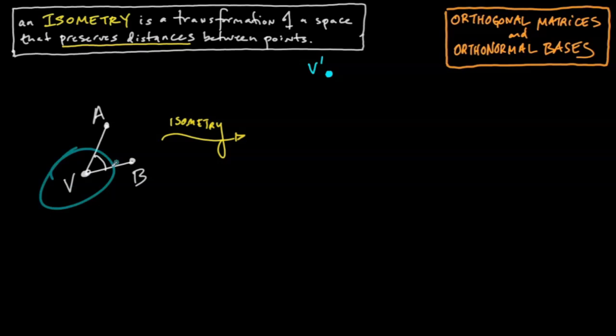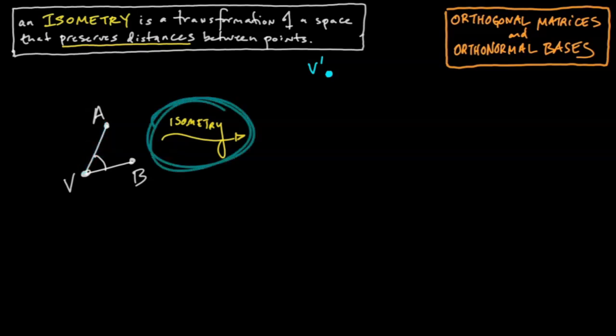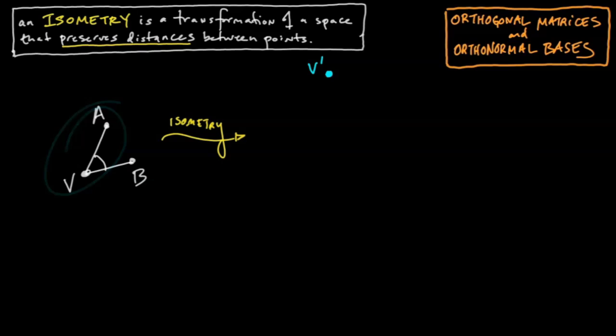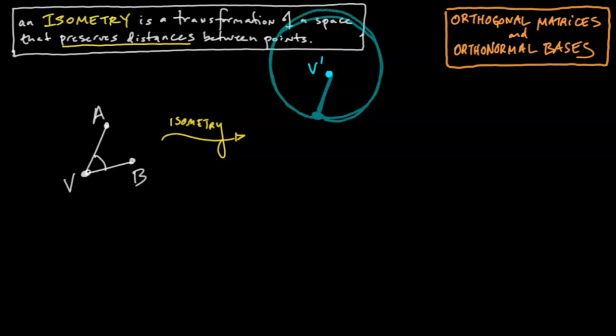But once I know where V gets mapped, that tells me a lot about where A can get mapped, because this distance between A and V has to be preserved by the isometry. So if I took that distance, measured it off from V prime, and made that the radius of a circle, I know that A prime, the image of A, has to lie somewhere on that circle. And something similar, of course, happens when we think about the image of B. But we don't need to worry about the details too much here.